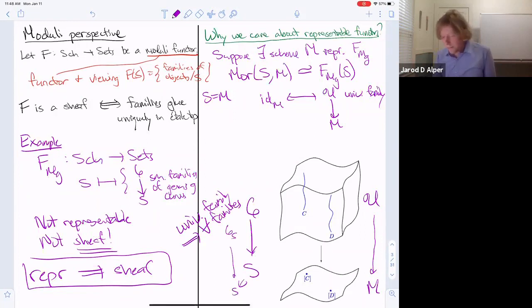And so you can define a map from S to M that sends a point of S to the isomorphism class of that curve. And the point is that if you have this universal family, then the family C is the pullback of the universal family. And this is a Cartesian diagram. So that's why we want universal families.